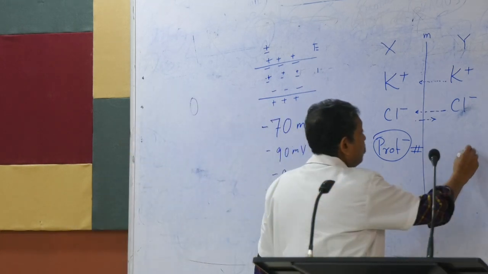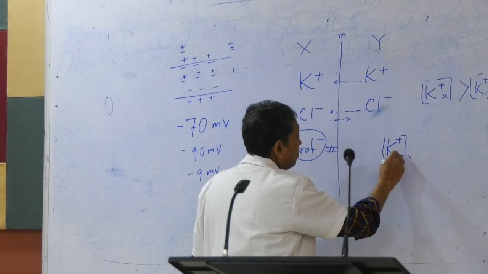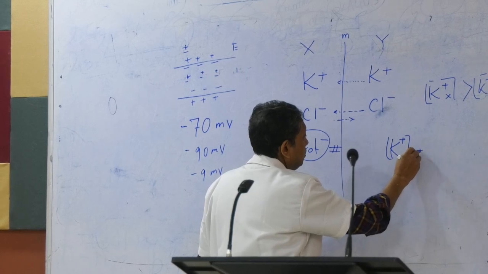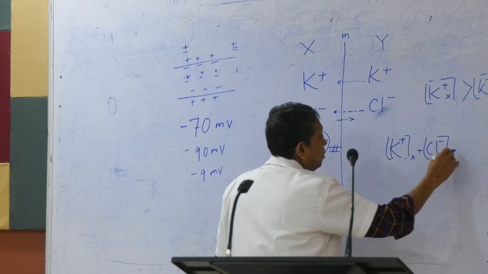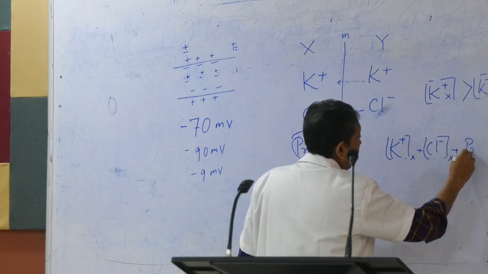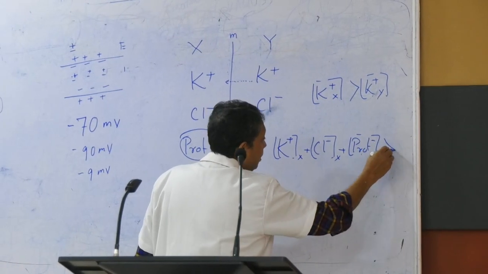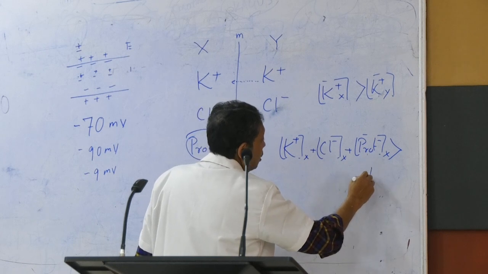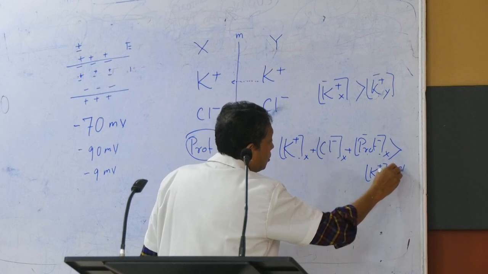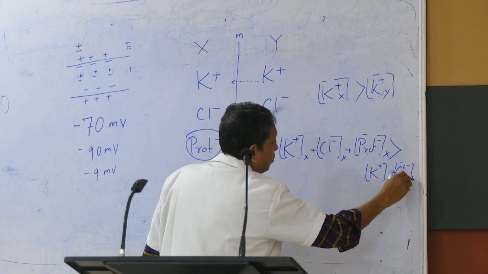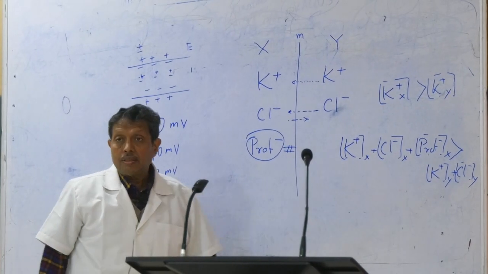That is, the potassium ion concentration of X plus the chloride ion concentration of X plus protein anion is greater than the potassium concentration of Y plus the chloride concentration of Y. So there are more osmotically active particles in this compartment.